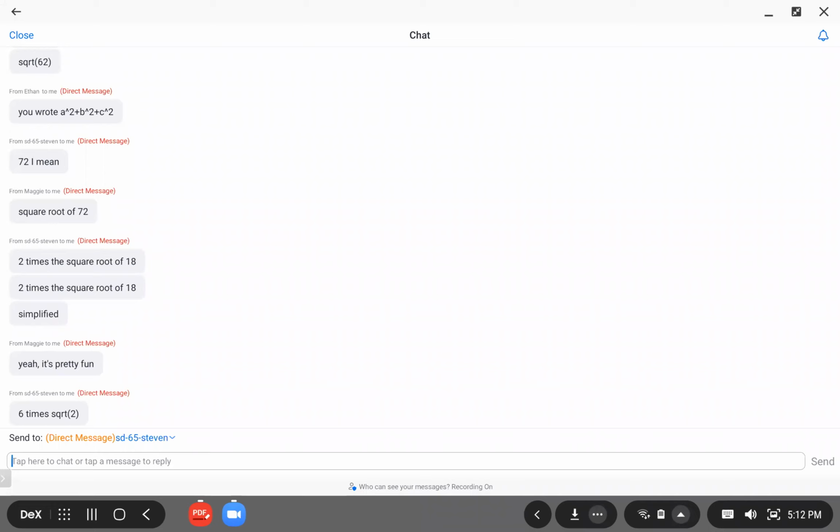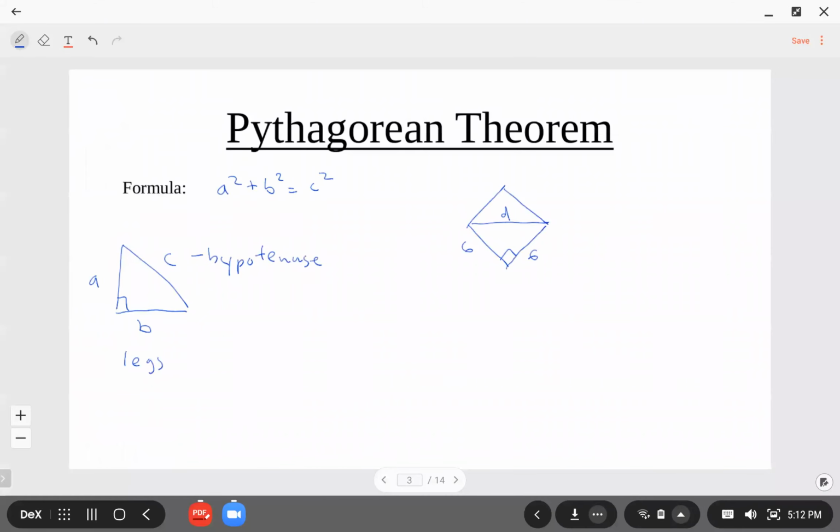Okay, so let's continue. What do we have here? These are a and b, and we need to find c. So 6 squared plus 6 squared equals 72, because 36 plus 36 equals 72. And then the square root of 72.